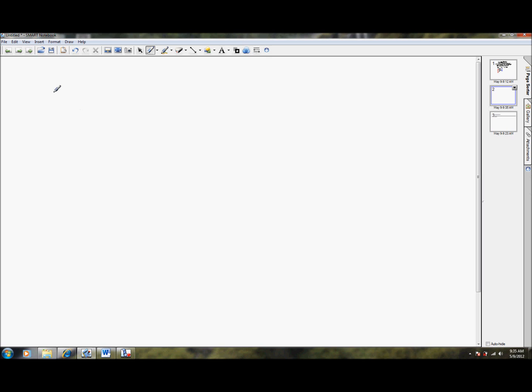Okay, so first of all, we're going to have an amount of 2 reactants. And this is a little bit like when you're cooking.